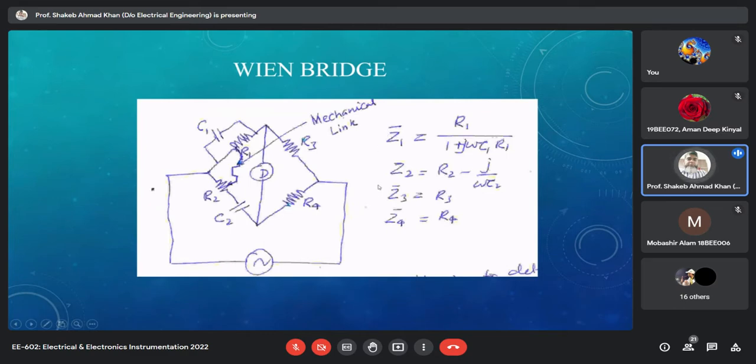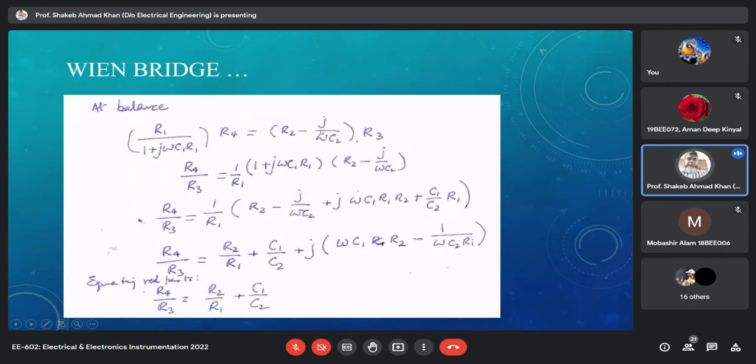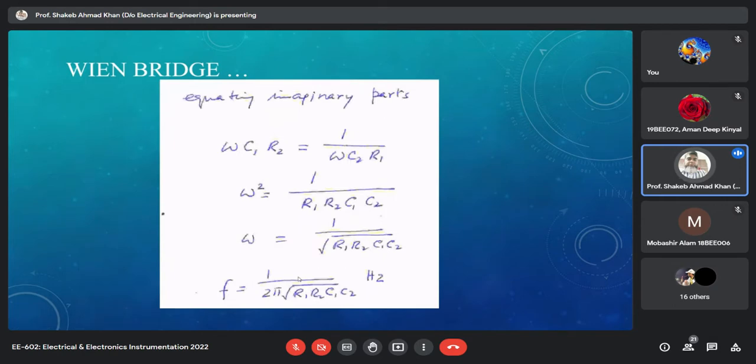First of all, we have written all 4 impedances, then the balance equation, and then simplification of this expression. Now on the left side we are having a real and imaginary part, and the right side is having only a real part. So obviously we'll equate real and imaginary parts. When we equate the real part, we'll get this equation, and your imaginary part will be equal to 0.